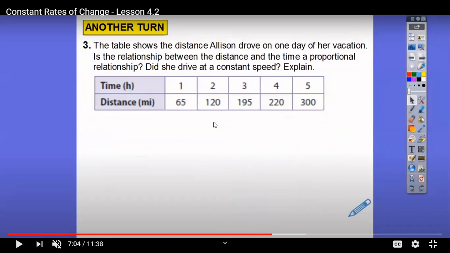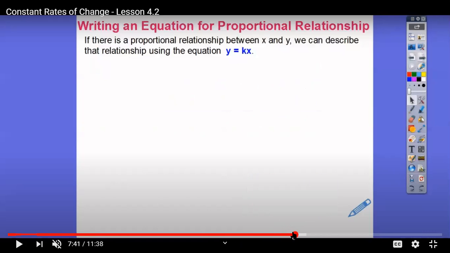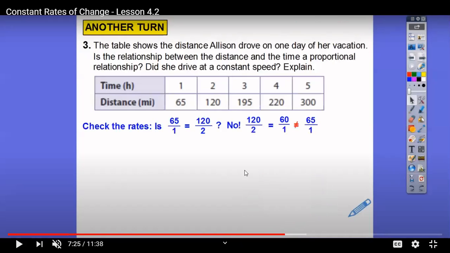We can stop here. Why? Because we can't find a constant ratio. The rate of change is different, which means the answer will not be proportional. So we check the rates in the table: is 65 over 1 equal to 120 over 2?